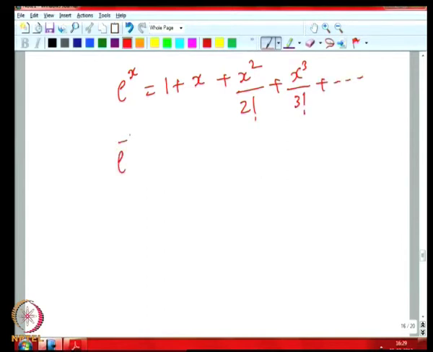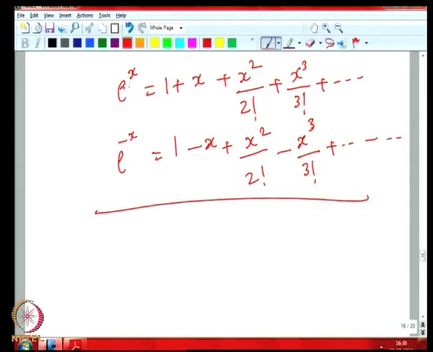Now what is e to the power minus x? This is 1 minus x. Wherever you see x, put minus x. This will be again x square by 2 factorial, because the squaring kills the negative sign, and this will be minus x cube by 3 factorial, because it is an odd power, and then plus and then minus like that. Now you add up these two things, e raised to x plus e raised to minus x.